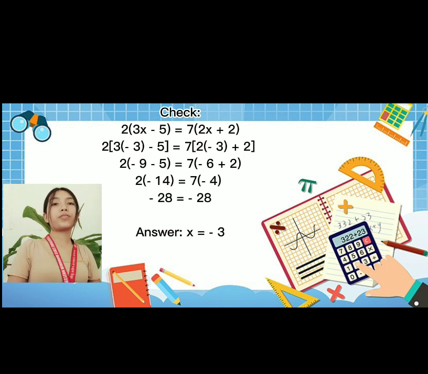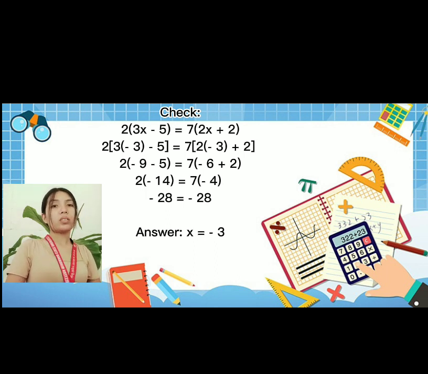Now, we are going to first evaluate the numbers inside the parentheses, which is 3 times negative 3 is equal to negative 9, and 2 times negative 3 is equal to negative 6. And the equation will become 2 times the quantity of negative 9 minus 5 is equal to 7 times the quantity of negative 6 plus 2.